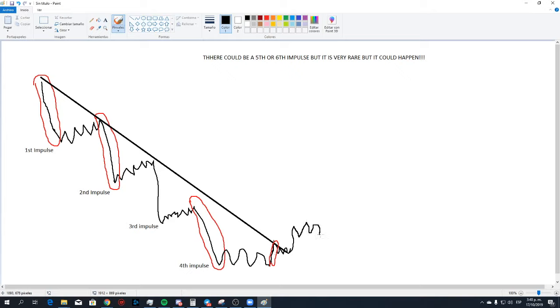Boom, correction, and then boom, it's going even higher again. This is our first one, this will be our second one, and this would be our third impulse, fourth impulse, and let's say this is gonna make, I don't know if it's gonna make that, but let's draw it on this example.